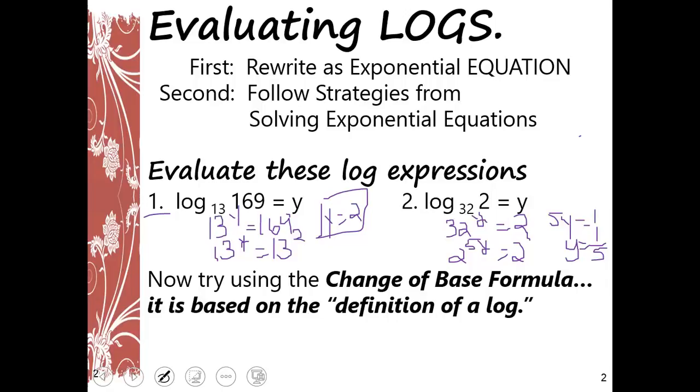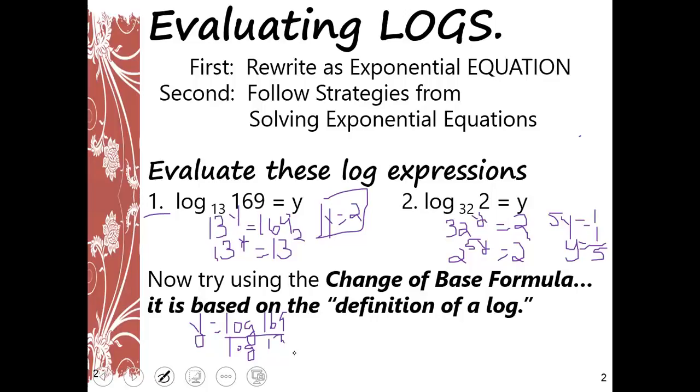Now later on in the chapter, we connected some dots with the common log, and we had a formula called the change of base formula. Basically what it said was that you could convert any non-common log and evaluate it. In this first case, y equals log base 10 of the number 169 divided by log base 10 of the base 13.